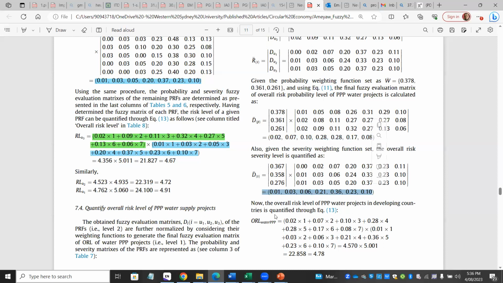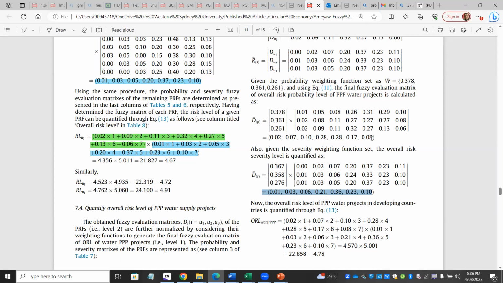Once these results have been obtained, now we can go ahead and compute the overall criticality index or the overall criticality level for the data set. So how do we do that? When you pick this, the probability of occurrence, you multiply each of them by the alternative grades. 0.02 times 1, plus 0.07 times 2, 0.01 times 3, 0.28 times 4, 0.28 times 5, 0.17 times 6, 0.08 times 7.